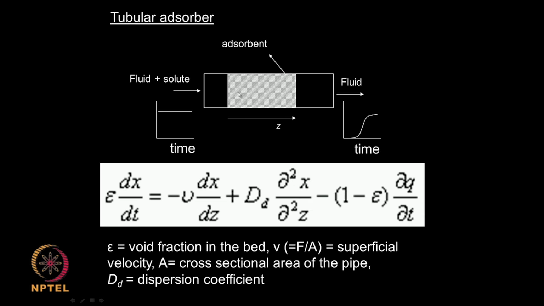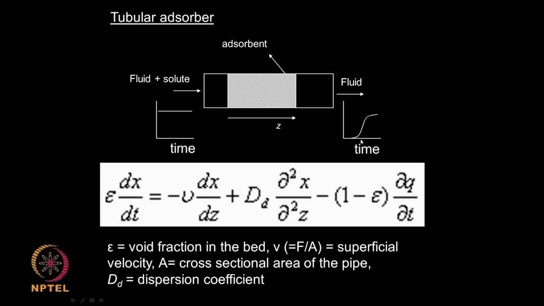Initially this is fresh adsorbent, so every solute that is entering will get adsorbed. You will not see any solute or adsorbate in the fluid that is leaving, and then after some time it will start coming out, because by that time the adsorbent is totally saturated.